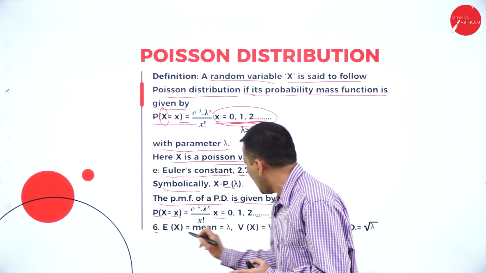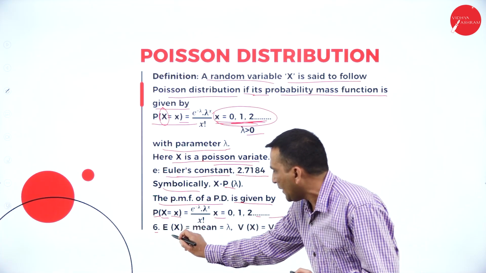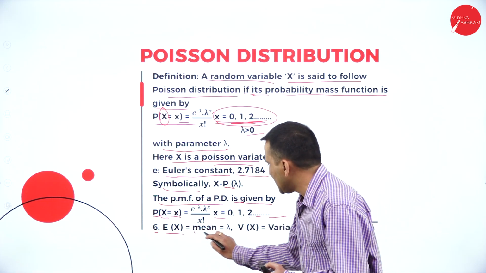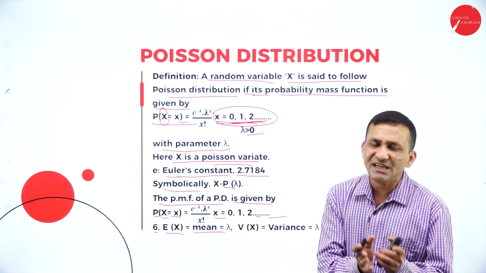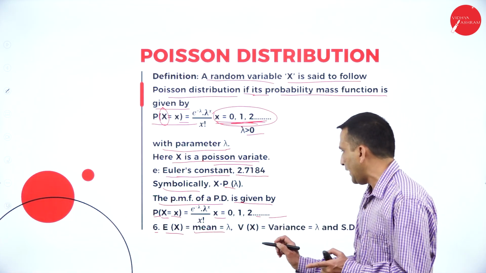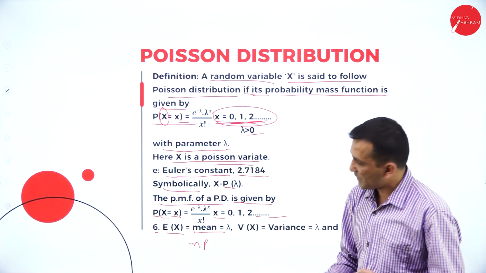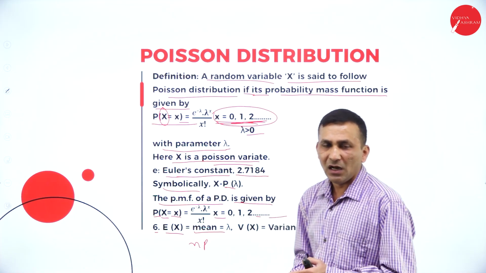E of x is nothing but the arithmetic mean. Mean is equal to lambda, lambda is always equal to mean. If you extend it, np also can be considered in the Poisson distribution as the lambda value, the arithmetic mean.